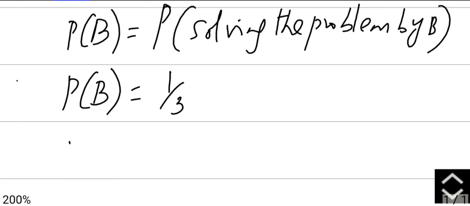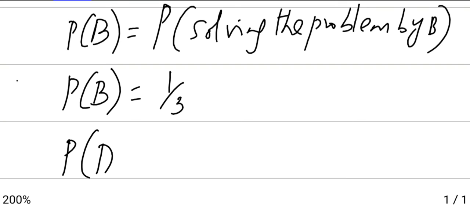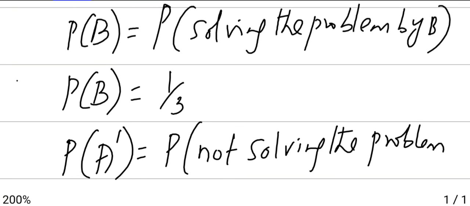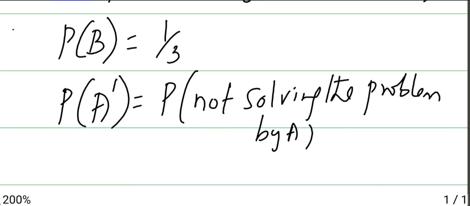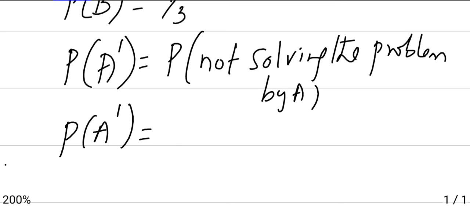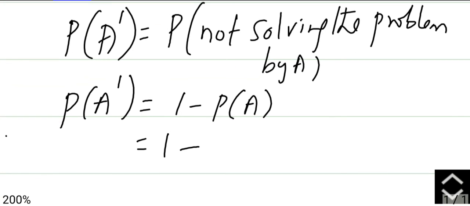So here the probability of not solving the problem by A, that is P of A dash, is 1 minus P of A, that will be 1 minus 1 by 2.